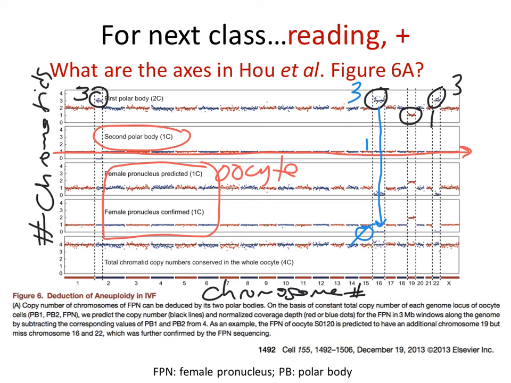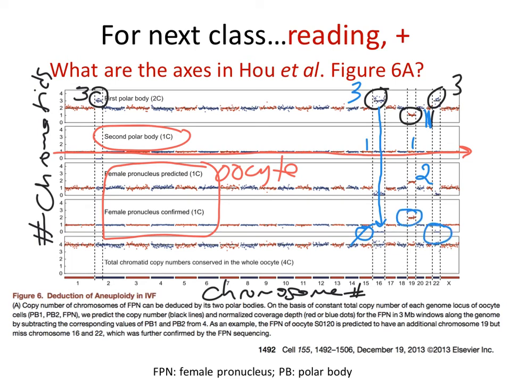What about the other 2 full chromosomes that had aneuploidy? Are they going to be okay in the oocyte or not? We've got 1 copy of chromosome 19 here. We've got 2 chromosomes in the pronucleus. That's predicted. Then we've got an extra copy in the pronucleus.